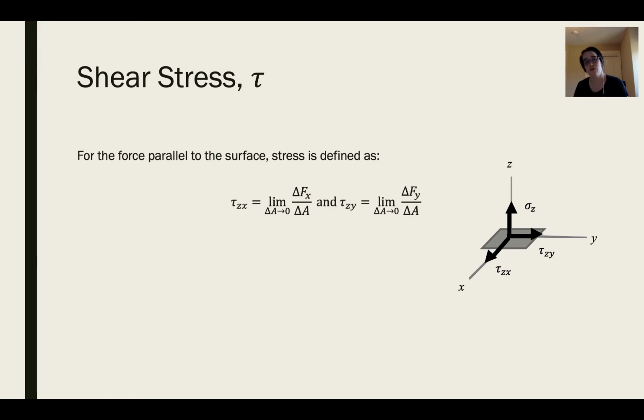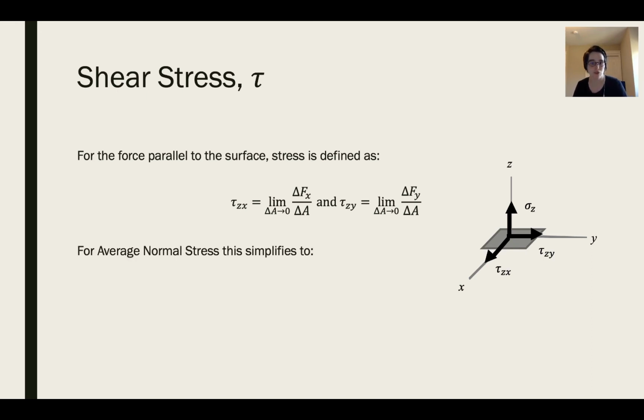So shear in the z direction due to the force along the x-axis, tau zx, is the limit of the force in the x direction over that area, and shear in the z direction due to the force in the y direction is described based on the force in the y direction.